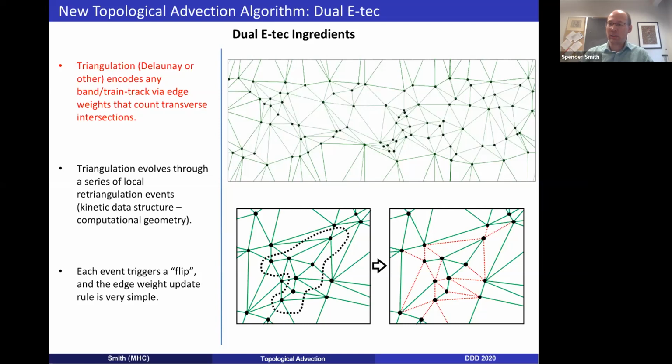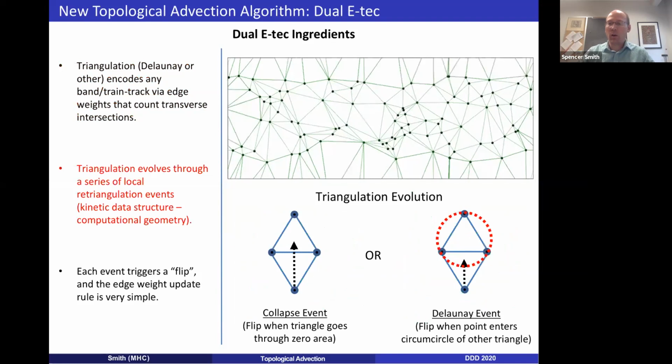So the edges, once again, encode the number of transverse intersections of this material curve. And in that way, the entire triangulation can encode any loop that you possibly could want. And it encodes the topological equivalence classes of those loops.